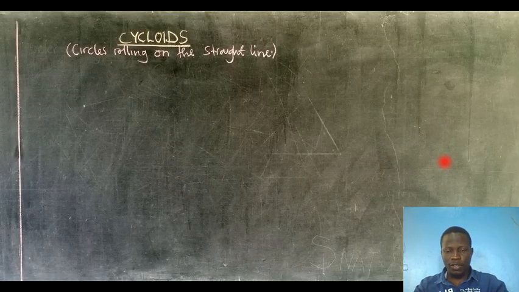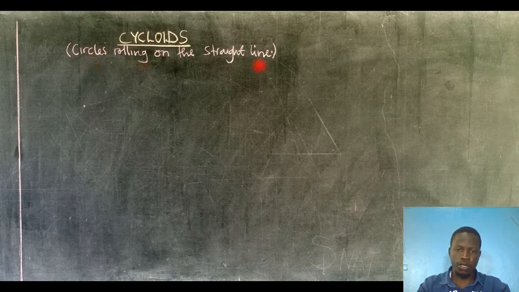This time we are looking at cycloids, and when we talk about cycloids, we are looking at circles rolling on a straight line. To understand that well, take a look at the video here.